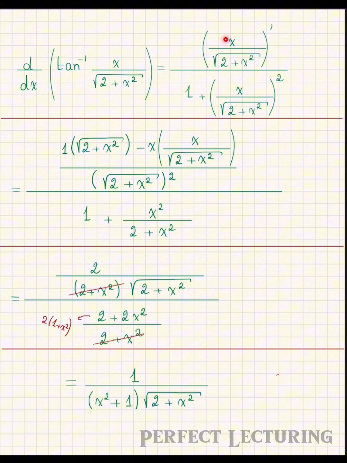The derivative of x is 1. This remains as is. Minus, we copy the x and then derive the denominator, which is this, over v squared, of course, divided by 1 plus this squared, and that's what we get. Now the next steps are just algebra.